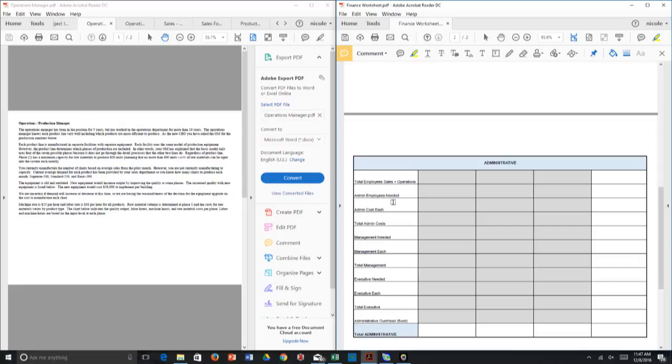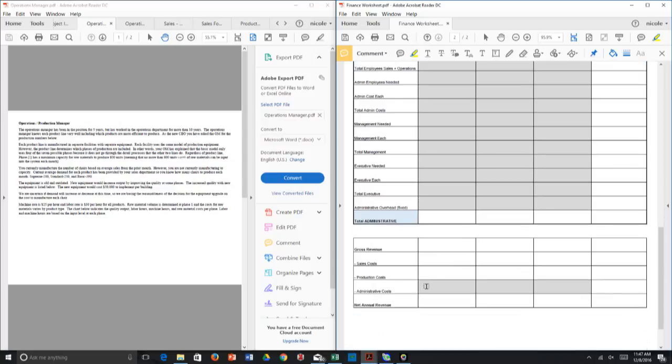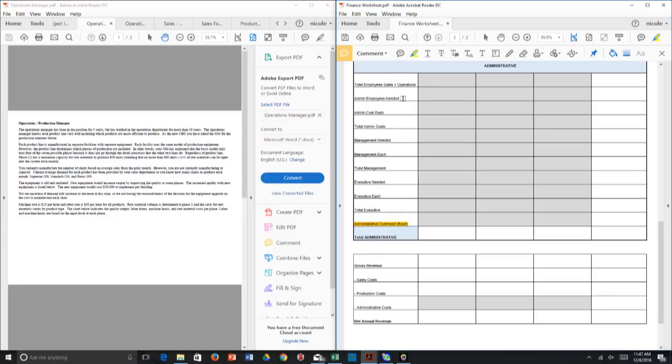Our admin costs, management, executive management, and our administrative overhead. This we know is fixed, but because the number of managers and administrative staff that we need varies depending on how many sales staff and production staff we have, these two can be considered variable costs.